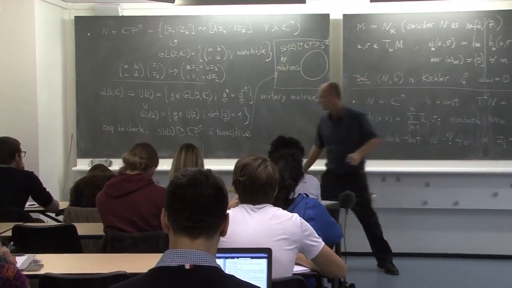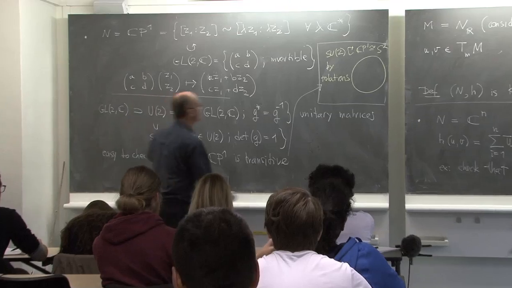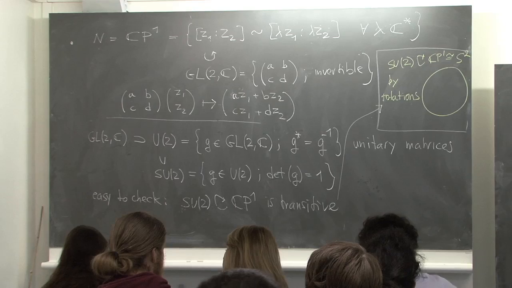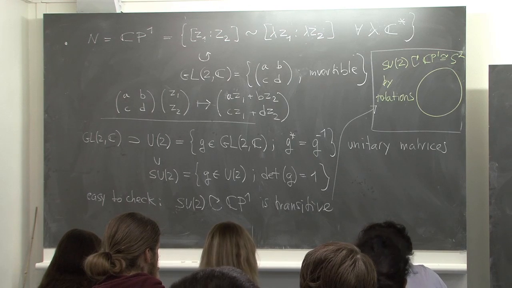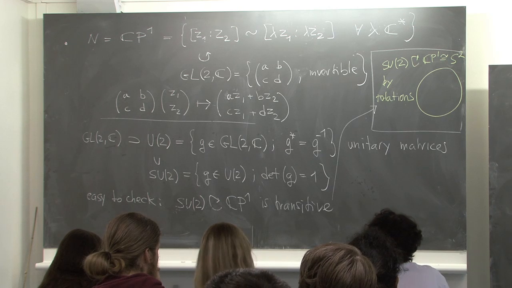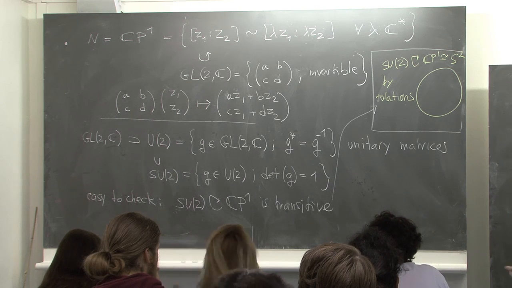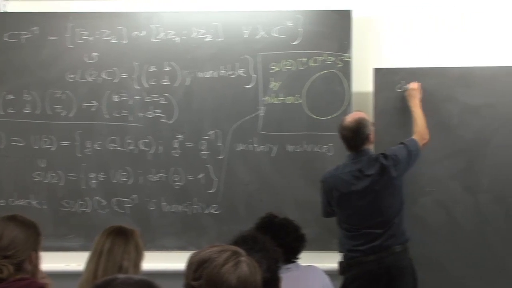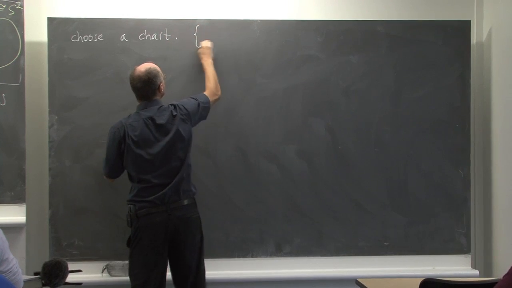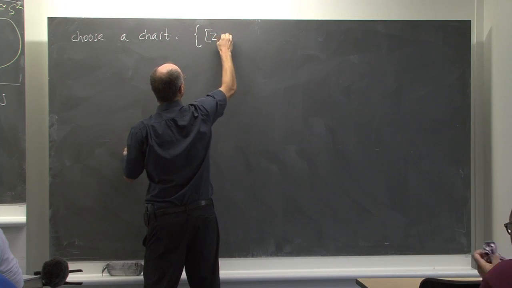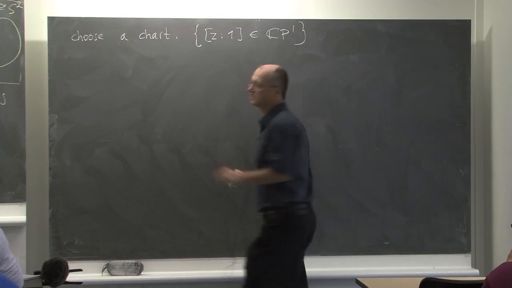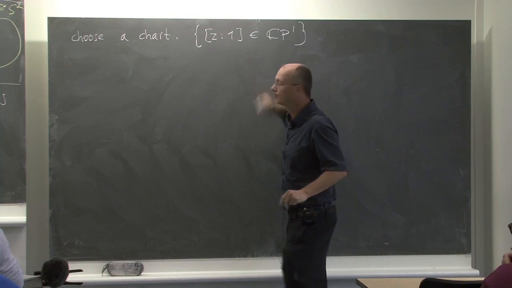Right. Okay. So now my plan. So my plan is as follows. So indeed, choose a chart. Right, so there will be points of this form, z, 1.